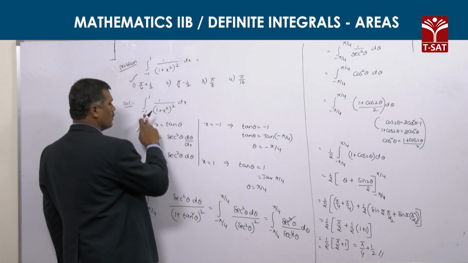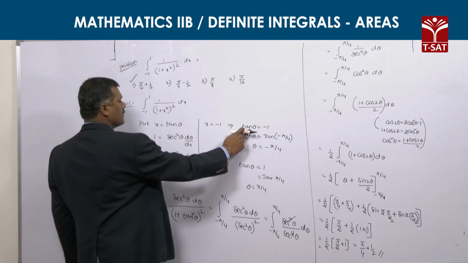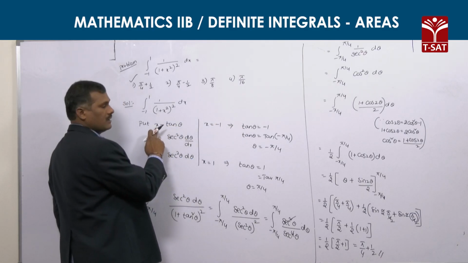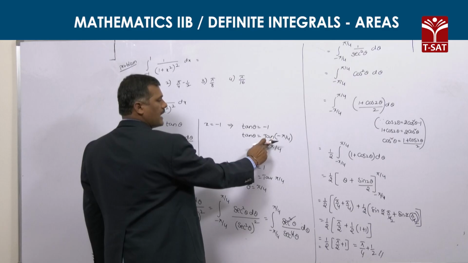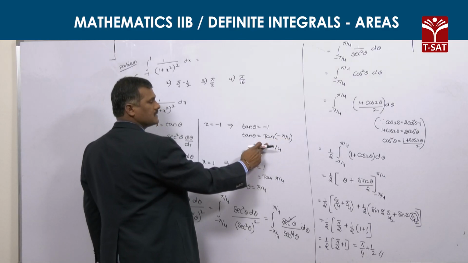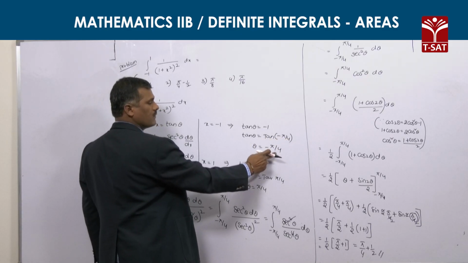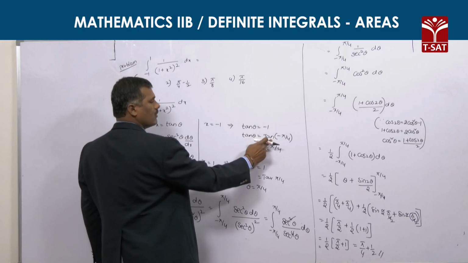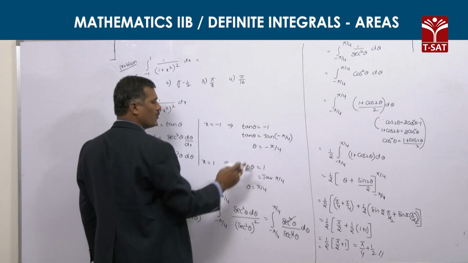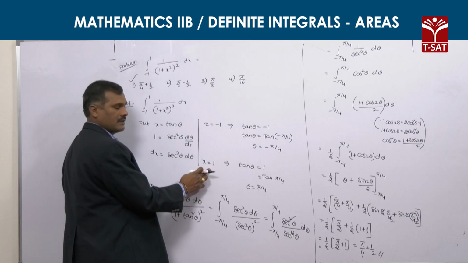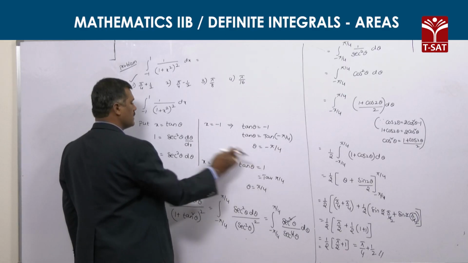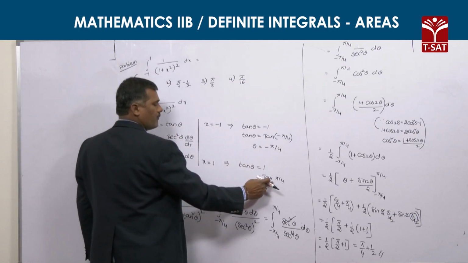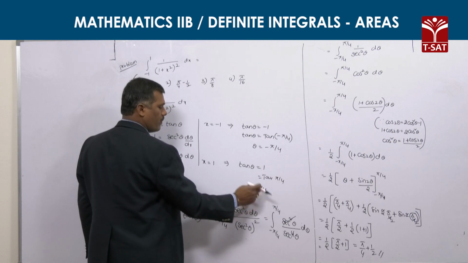And for x equal to the lower limit, tan theta is equal to minus 1. Therefore, minus 1 is tan of minus pi by 4, minus tan pi by 4. Tan pi by 4 value is 1. That's why tan theta equals tan of minus pi by 4, theta equals minus pi by 4. For x equal to 1, tan theta is equal to 1, which is tan of pi by 4, so theta is equal to pi by 4.